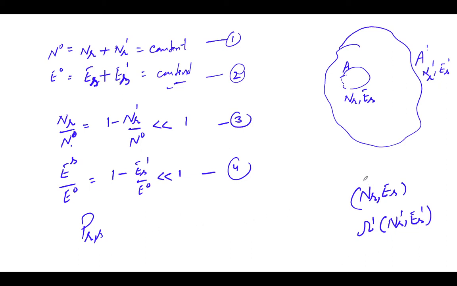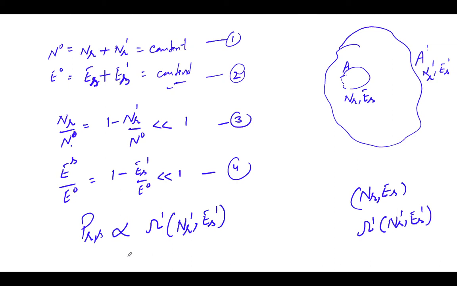So when the system has these particular values, the probability at a particular instant of time t is equal to the number of microstates, which is Ω'(Nr', Es').